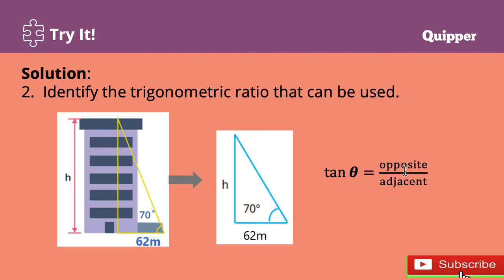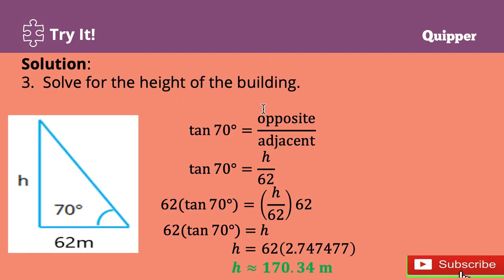Using this formula, tangent theta is equal to opposite over adjacent, solve for the height of the building. This is the illustration. Now, since theta is equal to 70 degrees, we will be using that. That is, tangent 70 degrees is equal to opposite over adjacent. Our opposite, since we don't know yet, that's the height of the building, we let it be h, over the adjacent, which is 62 meters.